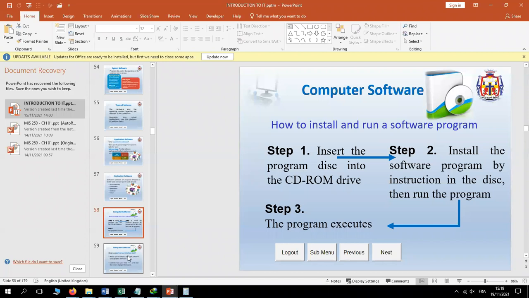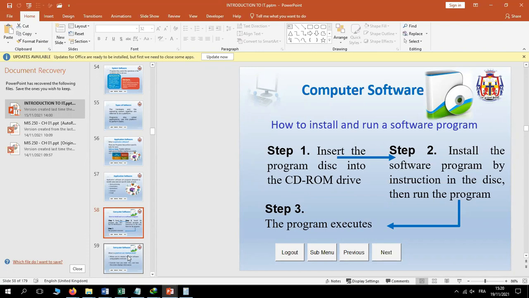For example, look at our lab at the university. Students are not permitted. Only the admin, somebody who has the admin account, is allowed to install software on the computers in the lab.